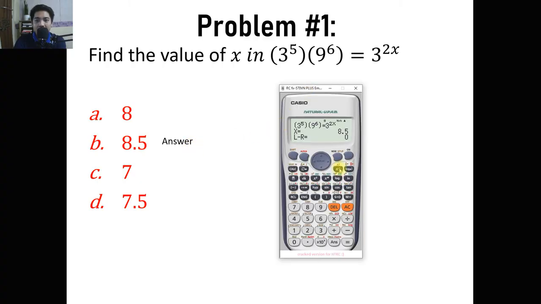Another technique that we can use is to go back to the equation. We can go back by just pressing the left button here in our replay. We can replace the equal sign by a colon, using alpha and then colon here.